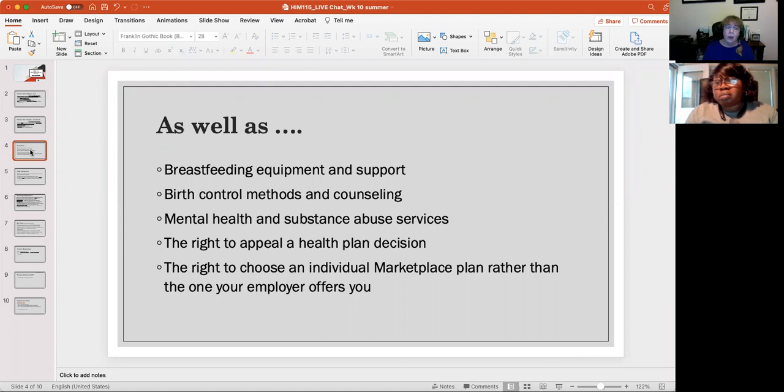You also have the right to appeal a health plan decision.